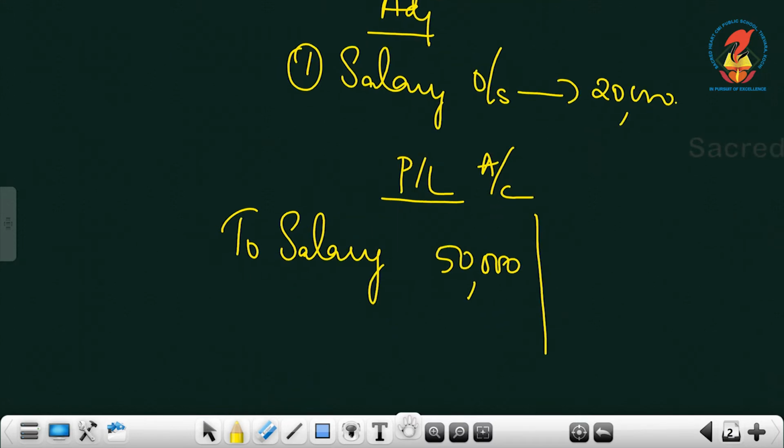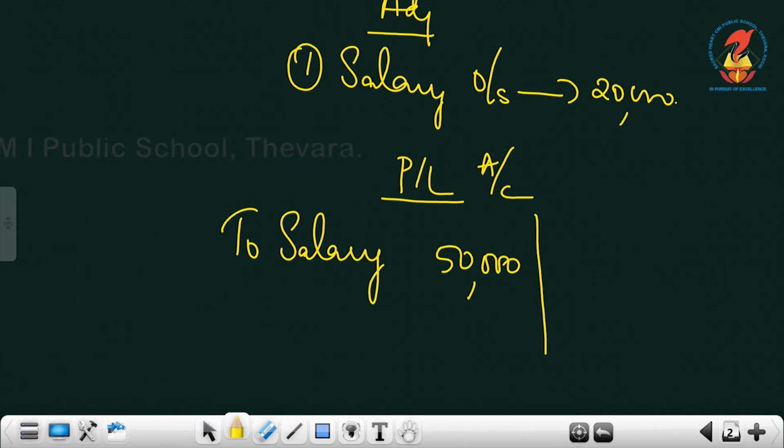Now we will consider the adjustment. This is an amount which is payable this year. Though we have not paid it, it should be considered since we are following the accrual basis. And what should we do with that outstanding salary? Should we add it to this 50,000 or deduct it from this 50,000?